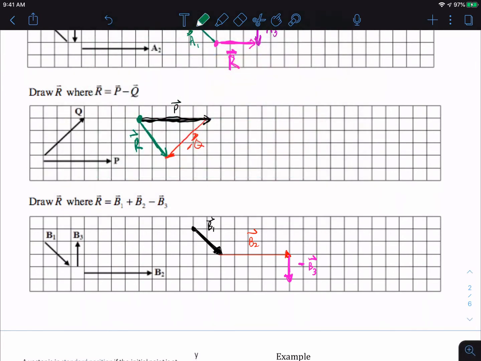And so our result is from the tail of our first vector, B1, from here to here. So that thing in green is my R vector. Does that make sense, Oscar?